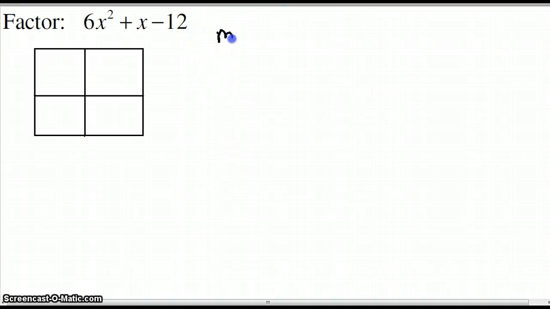So we multiply 6 times the negative 12. And what we get from that is a negative 72. Okay, great.